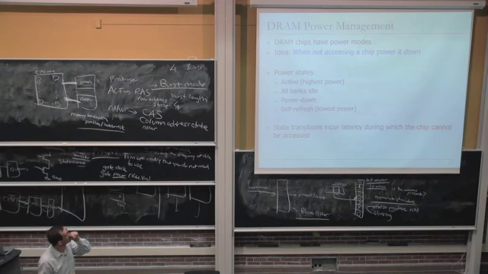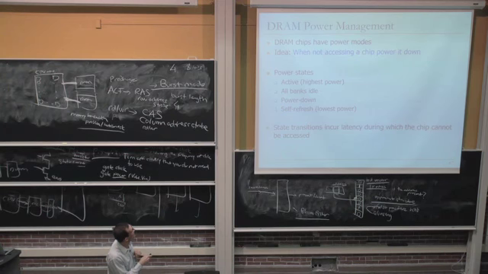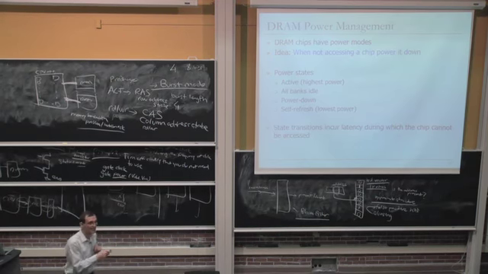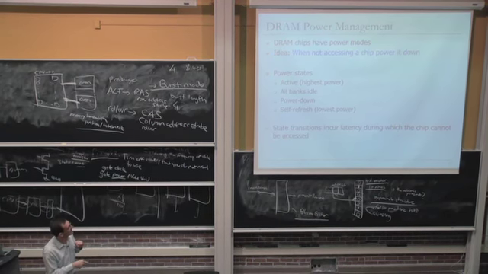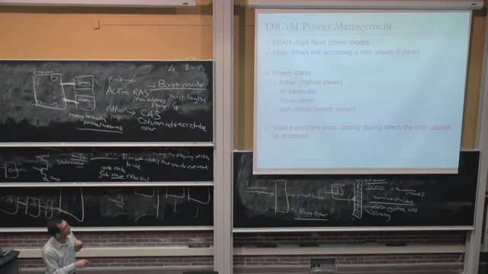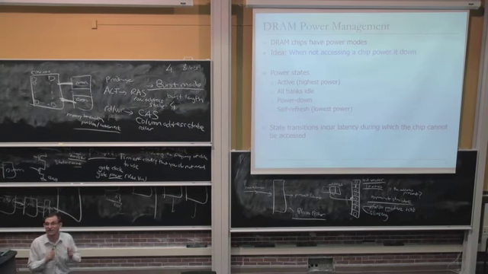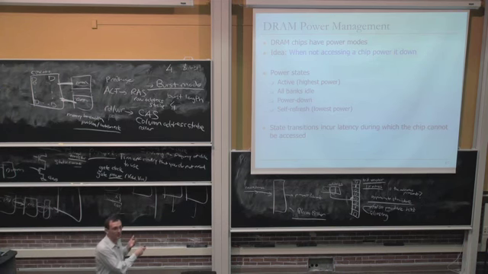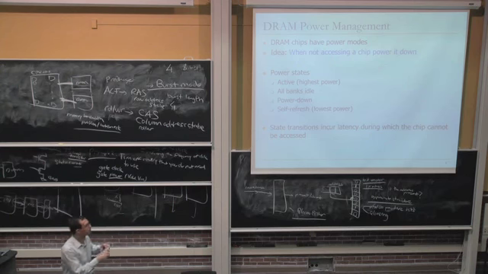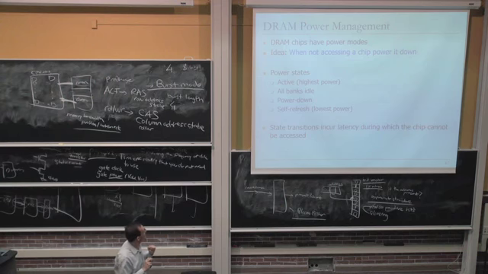Okay, power management, we briefly talked about this. There are power modes in these chips, and the idea is when not accessing a chip, power it down. And there are a bunch of power states. What makes it complicated is that state transitions incur latency, during which the chip cannot be accessed. So the lowest power mode is self-refresh mode. We've talked about refresh. You can put the DRAM chip into a mode such that the data integrity is maintained.